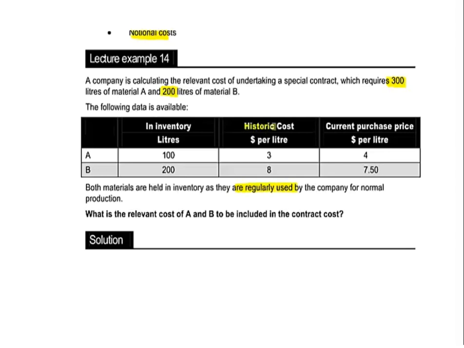And we're told what we paid for it, which is the historic cost, and we're told what it costs today. So what we need to think about is what's the relevant cost of A and B.